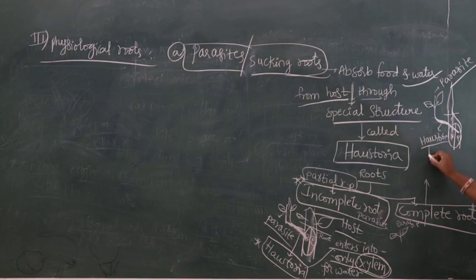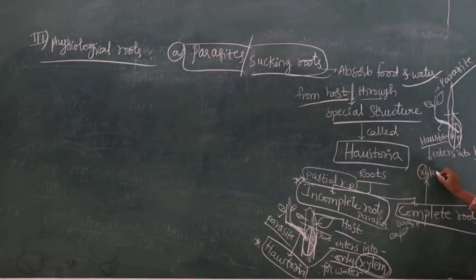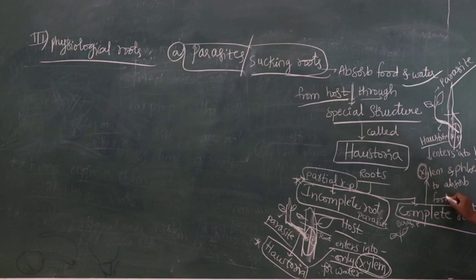So here we can write: haustoria enters into both, xylem and phloem, to absorb food and water.